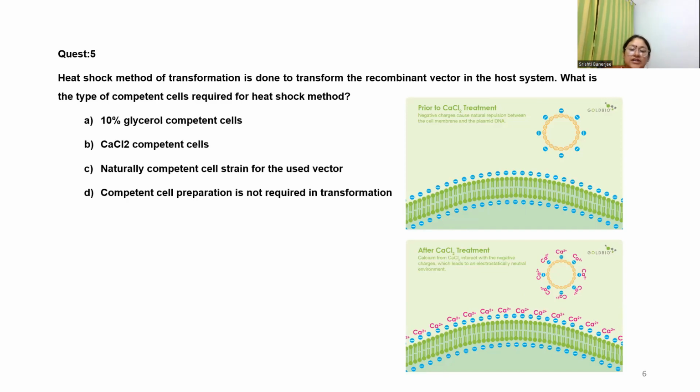When you perform heat shock, small transient, short-lived holes will form through which the DNA will easily go inside. Also, because these are neutralized, the DNA-calcium aggregate will be deposited on the outer layer. It will stay there, and once the hole is formed, it will easily get in. That is why we use a calcium chloride competent cell for transformation purposes in bacterial cells. Is it clear?